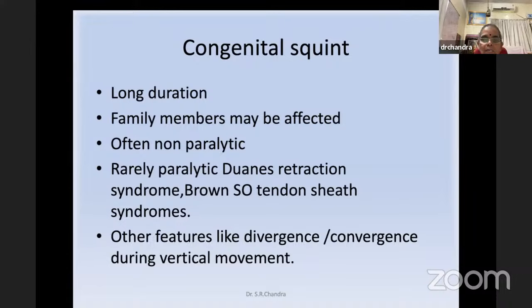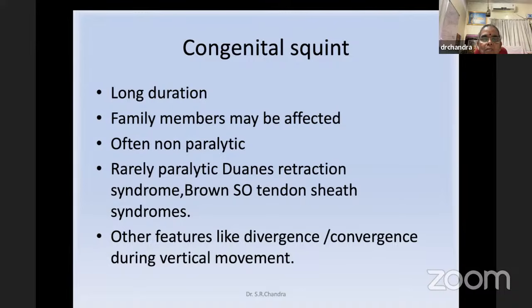Other features like divergence and convergence during vertical movement are pathological synkinesis. What happens? A person with a congenital squint, you tell the patient to move the eye up. When he tries to move the eye up, instead of moving vertically up, it might converge or it might diverge. That means there is a pathological synkinesis at the nuclear level, which is by birth.